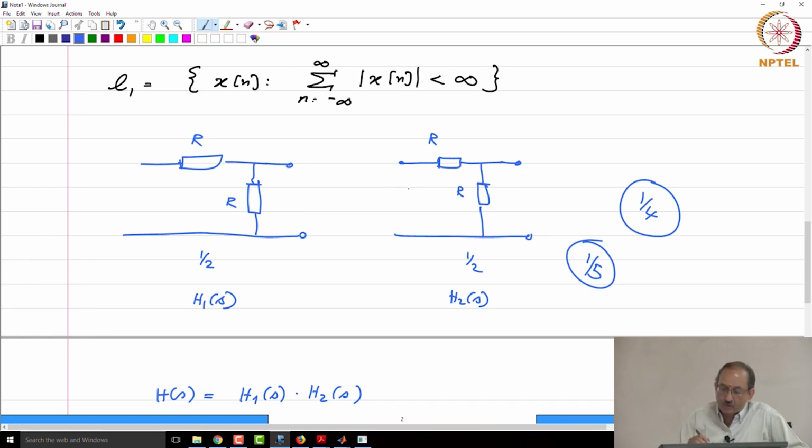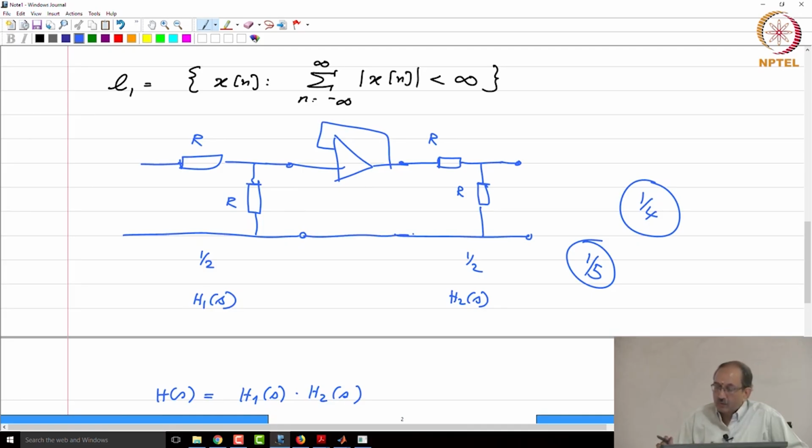When you connect this second circuit to the first one, the second circuit loads the first circuit. So these individual systems are no longer the same. The condition under which this is true is you need to connect these two by a voltage follower so that there is no loading, so that each of these systems are not changed when you connect them.